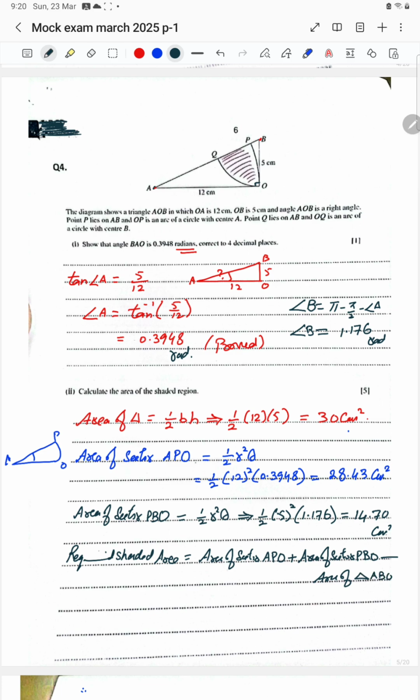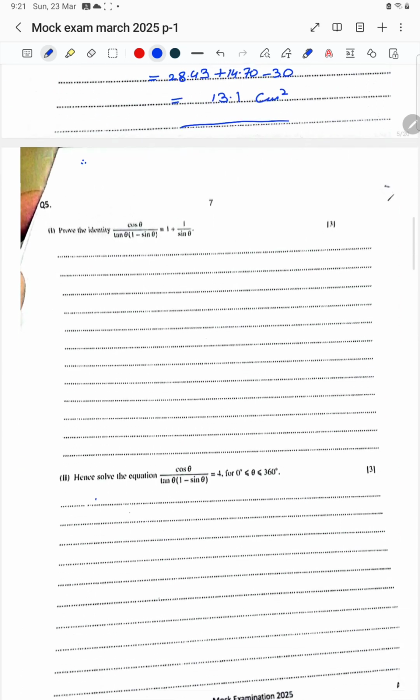So you can do this, apply the values we have already calculated. 28.43 plus 14.70 minus 30 will give us 13.1 centimeter square. This will be the final answer for this question B. I hope it is clear.